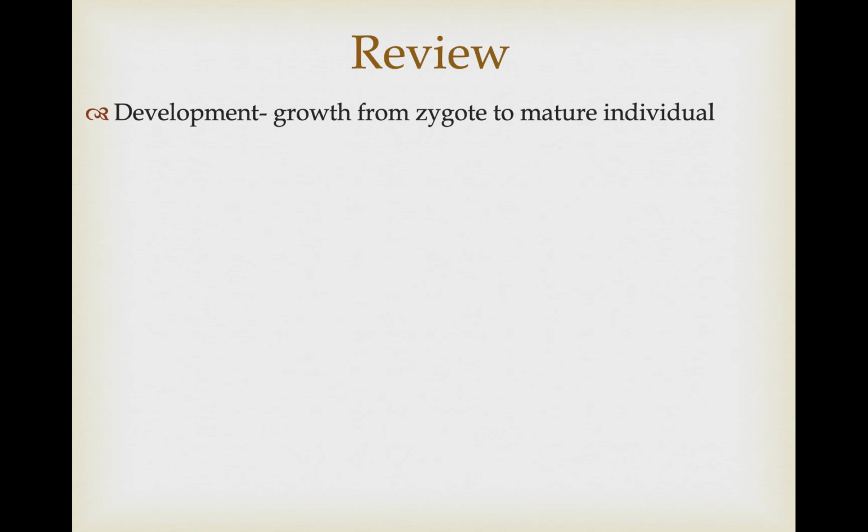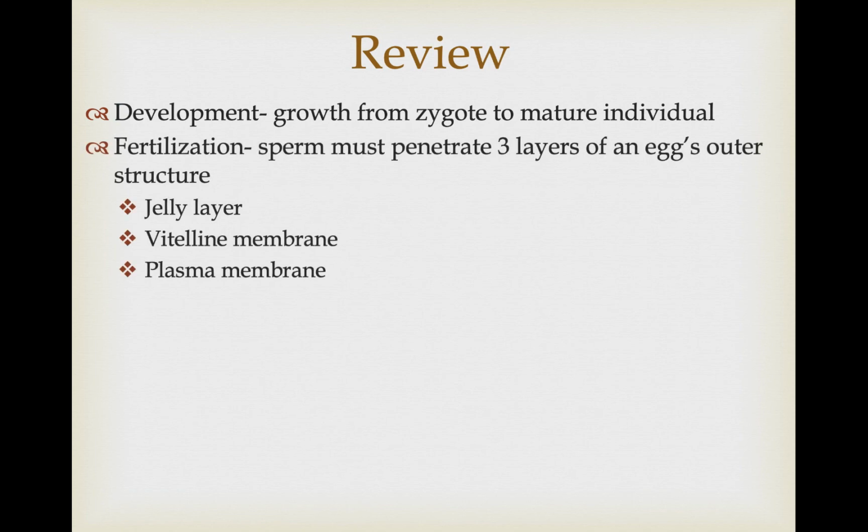Then we started our discussion of development. We're going to continue this in the next lecture, but I just wanted to show you some of the early stages of growth that come after the fertilization process, where we form the zygote. Fertilization itself is a chemical communication between sperm and egg, and then the sperm has to penetrate the egg's outer layers.